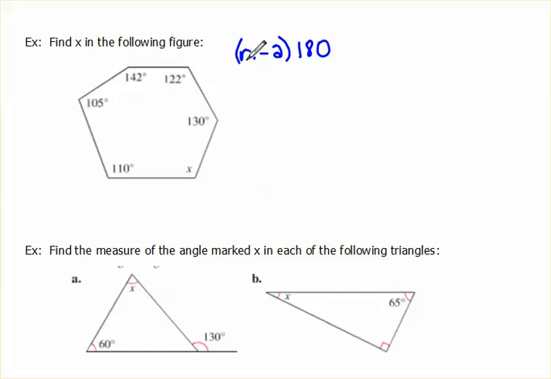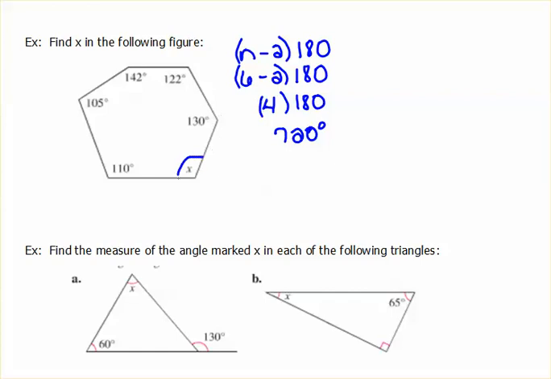So here, since we have a 6-sided figure, that would be 6 minus 2 times 180, or 4 times 180, which would end up being, what, 720 degrees? So the entire interior here has to be 720 degrees.